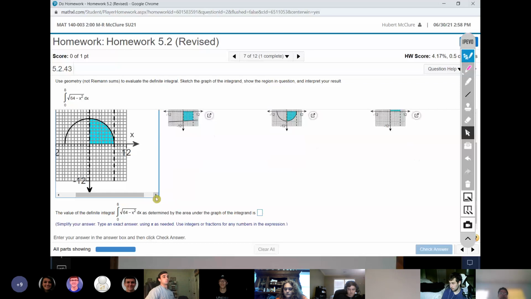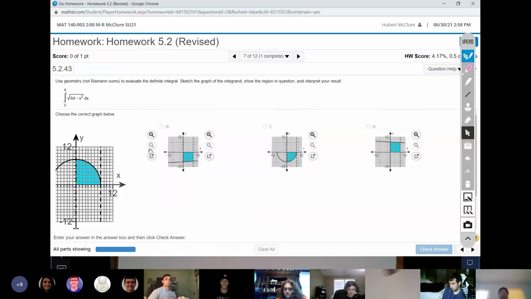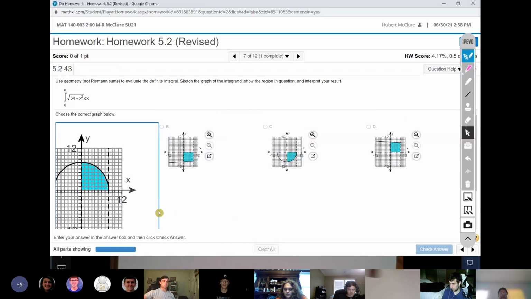I want you to actually look at the squares and see how much you can find in there. I'm going to look at the squares. That's 1, 2, 3, 4, 5, 6, 7, 8. Let's see, there's 4 times 8.